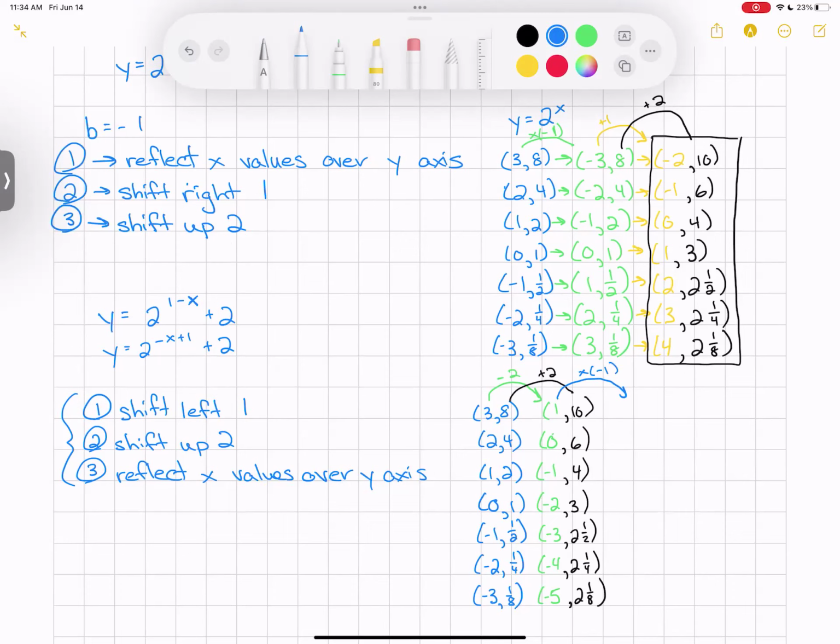Uh-oh, we're not going to end up at the same place, are we? Oh, because I can't shift left by 1. Oh, and then look, I did not do that, did I? Okay. So here, this should be a -1. We're shifting left by 1.